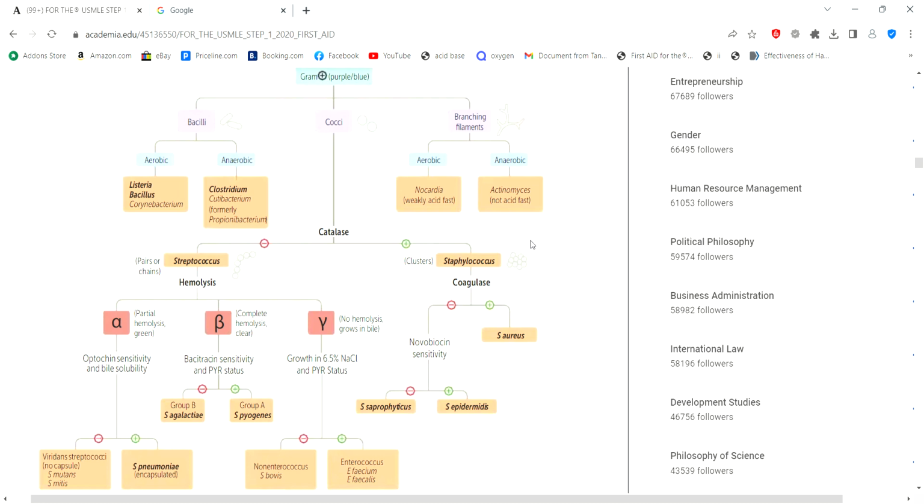Now, for Staphylococcus, we see if it's going to be split into either coagulase negative or coagulase positive. Staphylococcus aureus is coagulase positive.